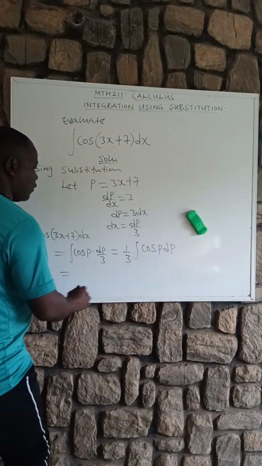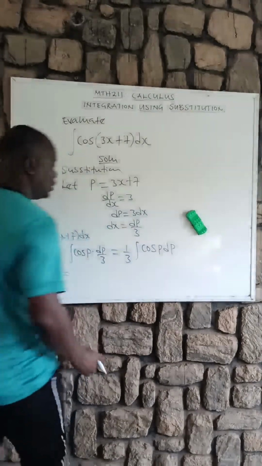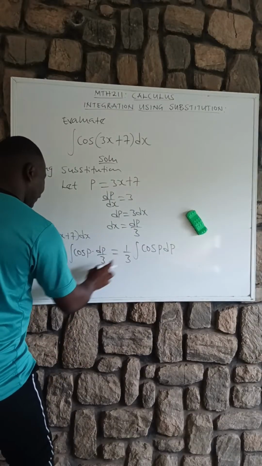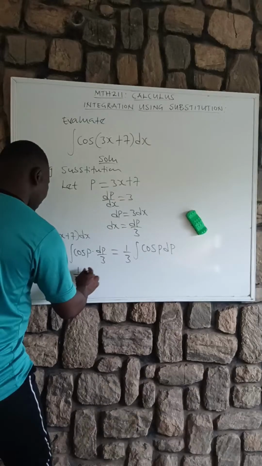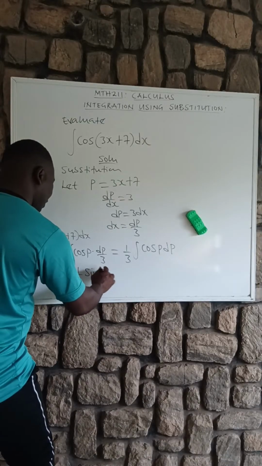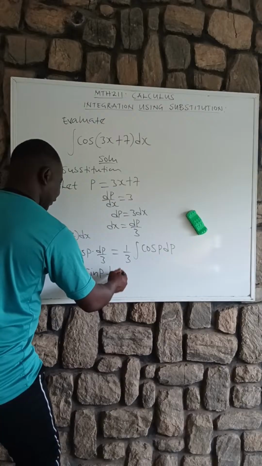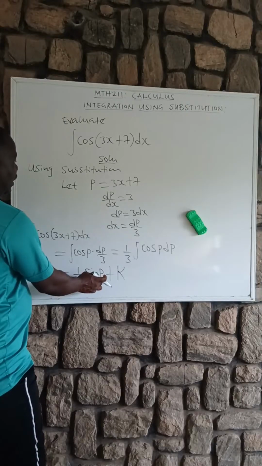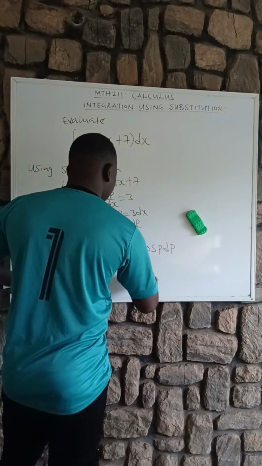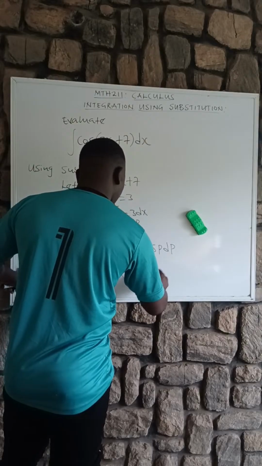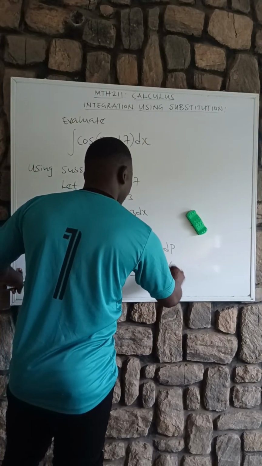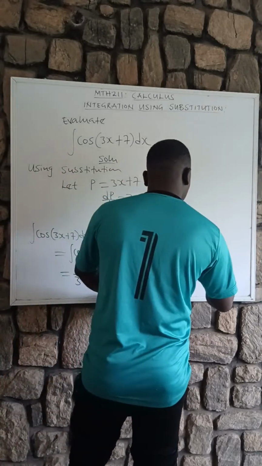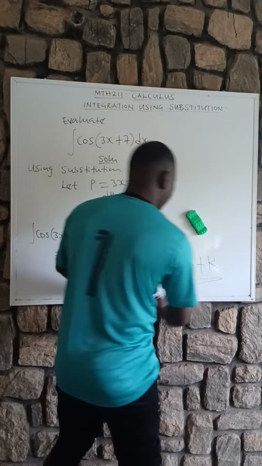When we integrate cos P dp, we are going to have sin P plus a constant. But mind you, we have 1 over 3, so 1 over 3 sin P plus any constant, either K or G or A. But mind you, you said let P be equal to 3x + 7. So the final answer will now be 1 over 3 sin(3x + 7) + k. This is our final answer.